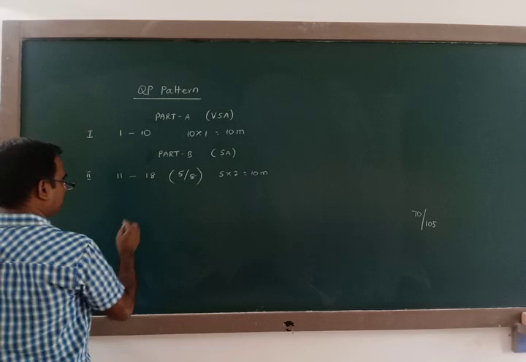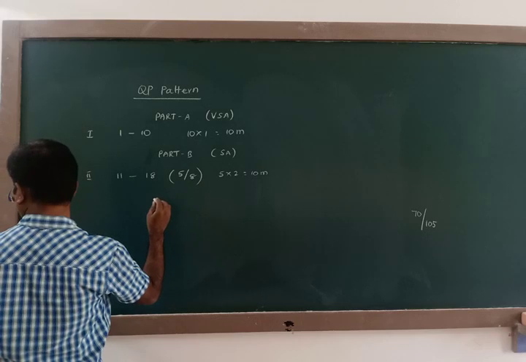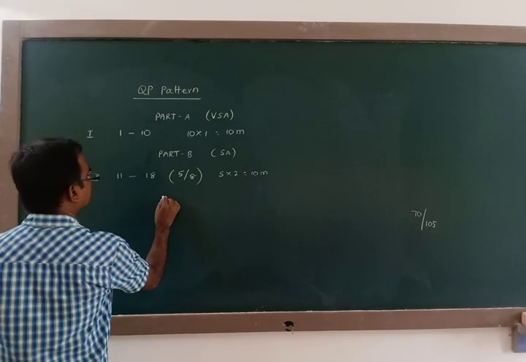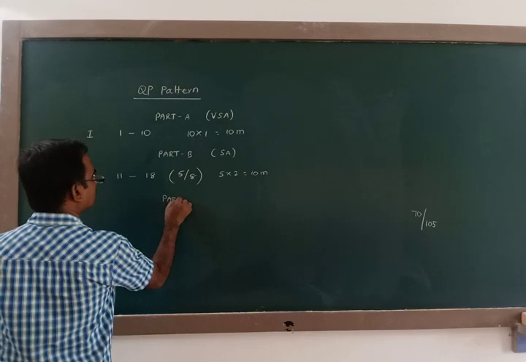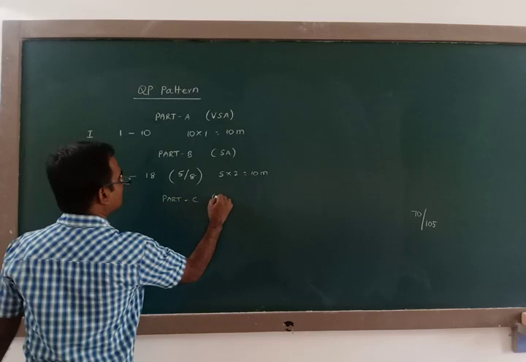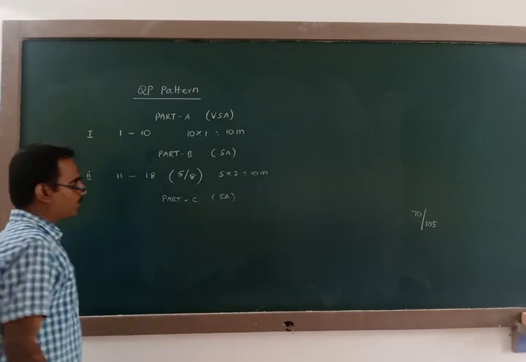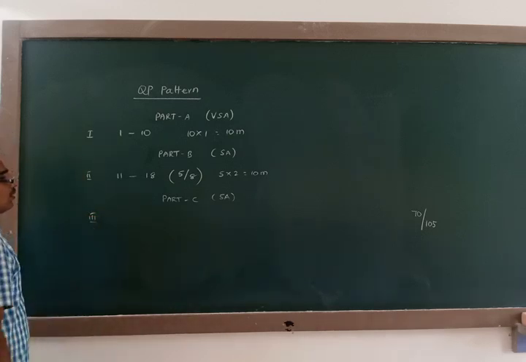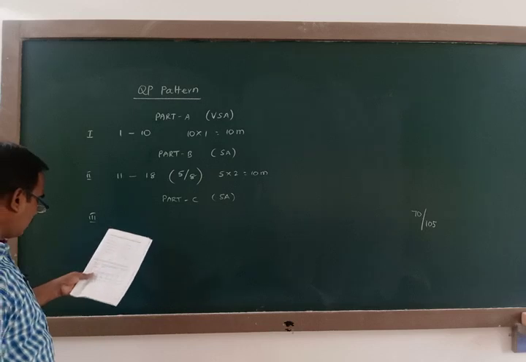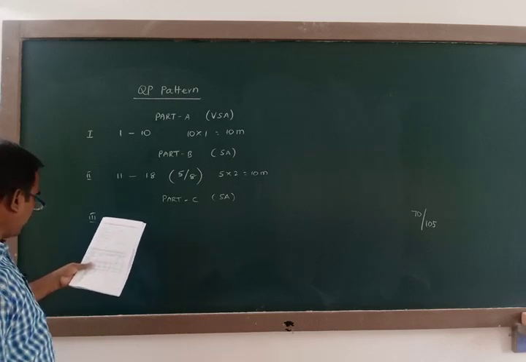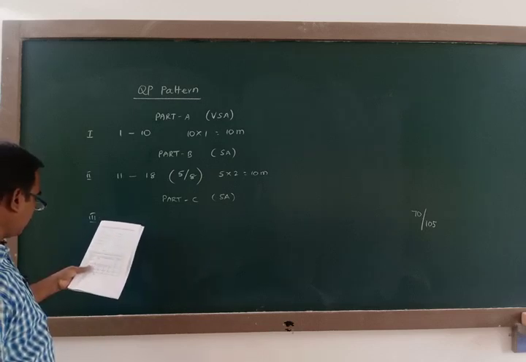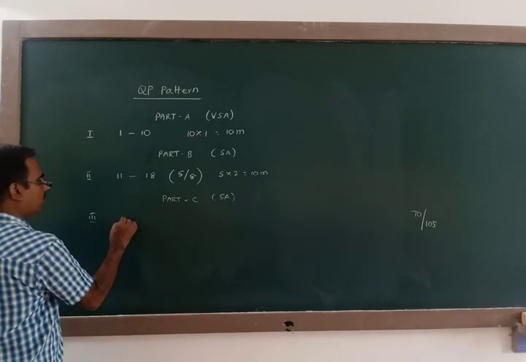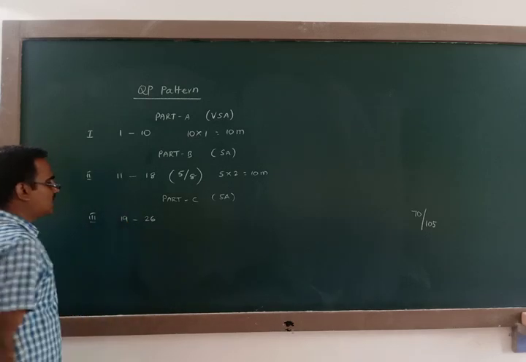Next, this part C. This is also short answer type questions. So in this third question also you have 8 questions, out of which you have to answer any 5.